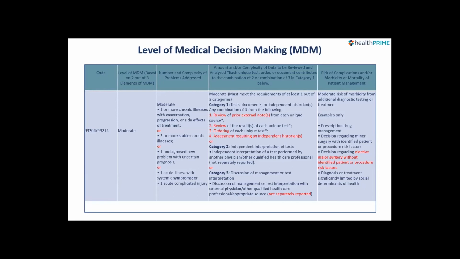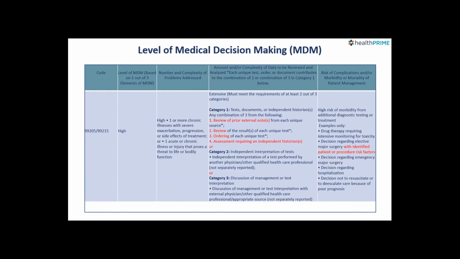So either we need to document category 1, which is test, documents, or independent historian, or category 2, that is independent interpretation of the test performed by another physician or other qualified healthcare professional, or we need to document category 3, that is discussion of the management or test interpretation with an external physician or other qualified healthcare professional.